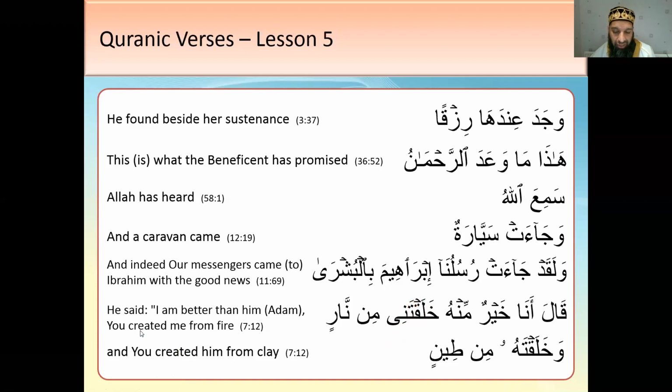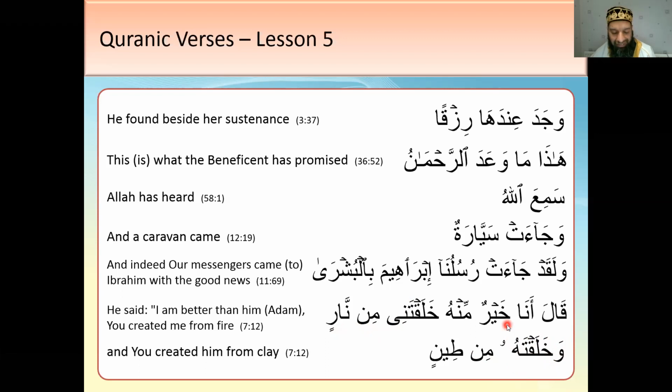The good thing is it's already written in the Quran, so you just have to know that sometimes it's e, sometimes ni. So khalaqtani, you created me, min narin, from fire. Wa khalaqtahu, and you created who?